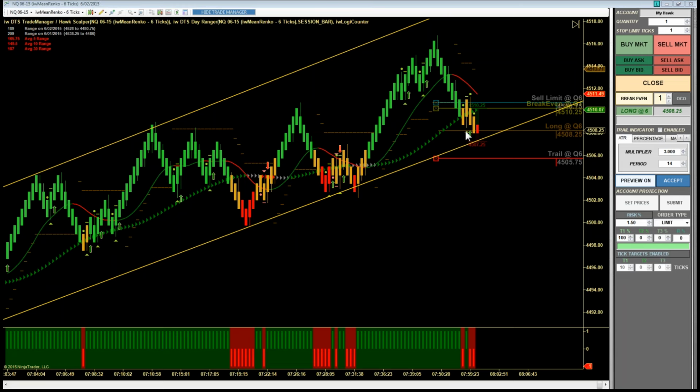All right, so there's the limit. We are getting the warning dots for a possible red bar buy. And we'll see whether or not we can get a little snap to the upside here.